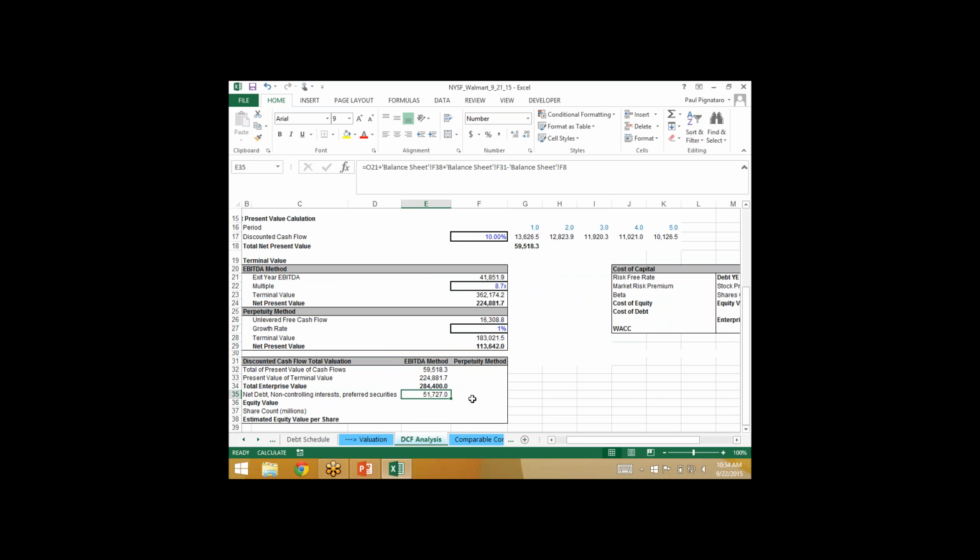So I just took the total debt plus, we did this before for the multiple, non-controlling interests plus redeemable non-controlling interests minus cash. What's the difference between redeemable and non-redeemable? Redeemable, the company has the right to call on it. They can buy it out.